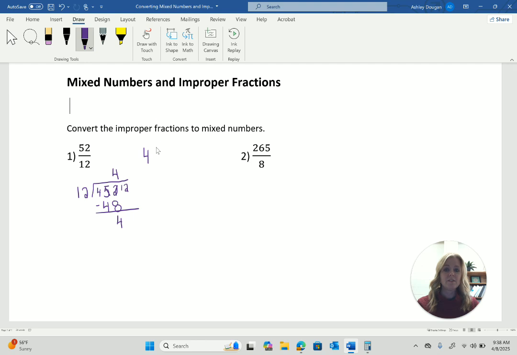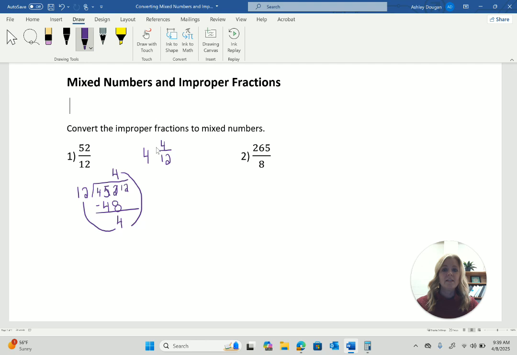My remainder is my numerator, and then 12 is my denominator when I'm writing my fraction. So the whole number goes in the whole number spot, and then we just go around: 4 goes in the next spot, which is the numerator, and then keep going around the circle. 12 is the last spot, the denominator.